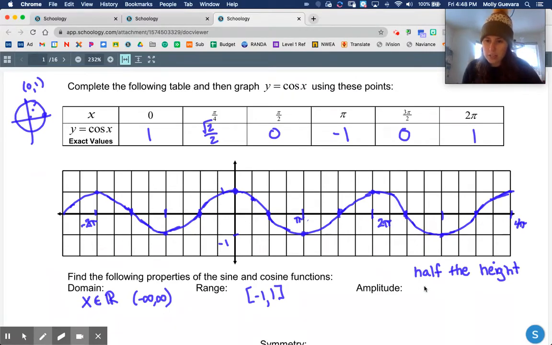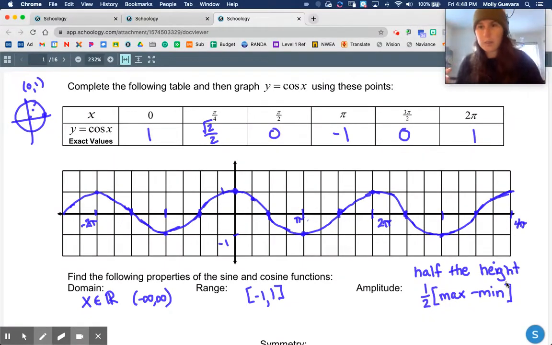So you can also think of it as 1/2 the maximum value minus the minimum value. If we had moved this graph up, it might be a little harder to figure out what the amplitude is. In this case, the amplitude is just 1, right? So the distance from the x-axis up is 1, the highest distance.